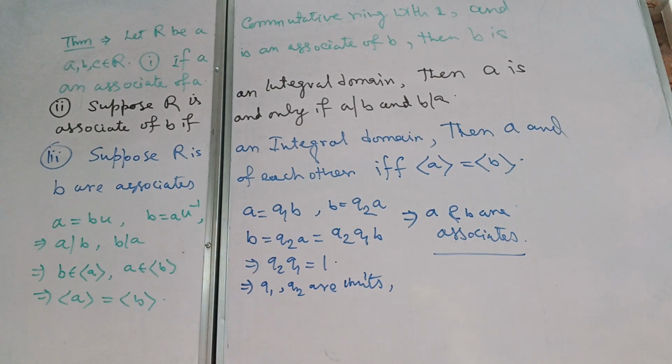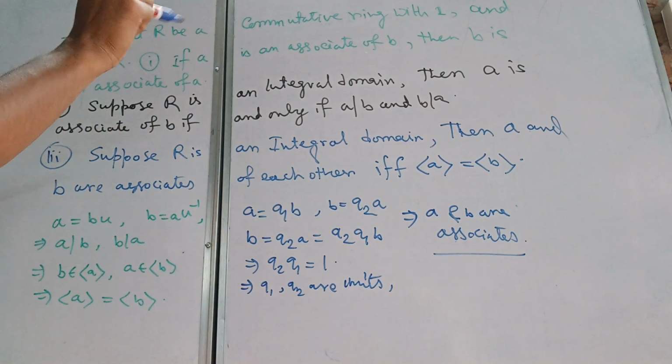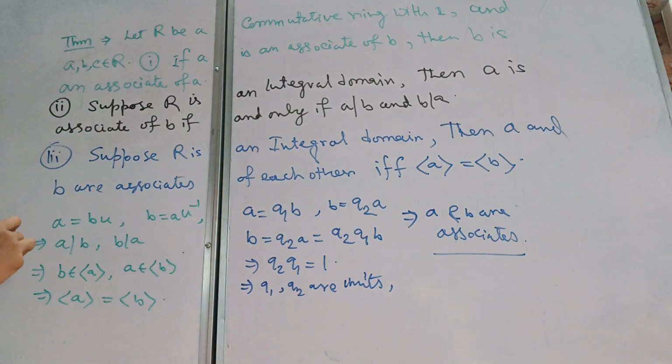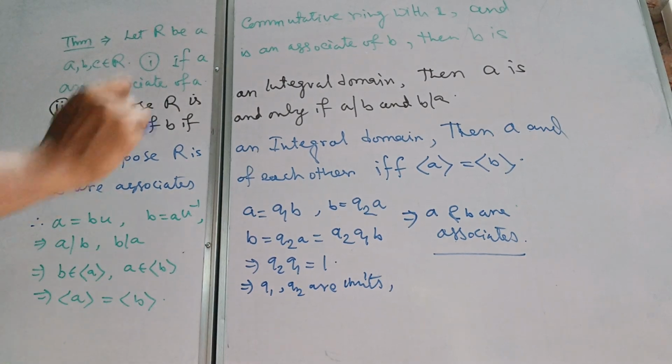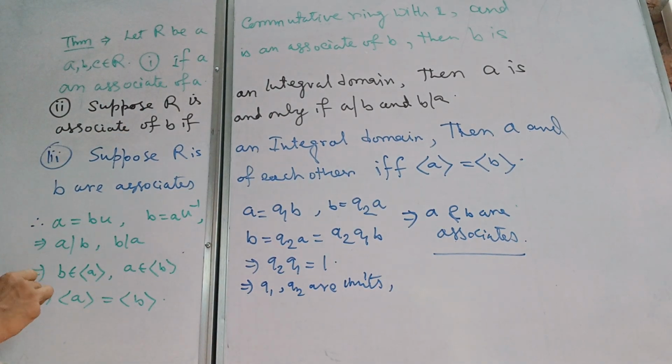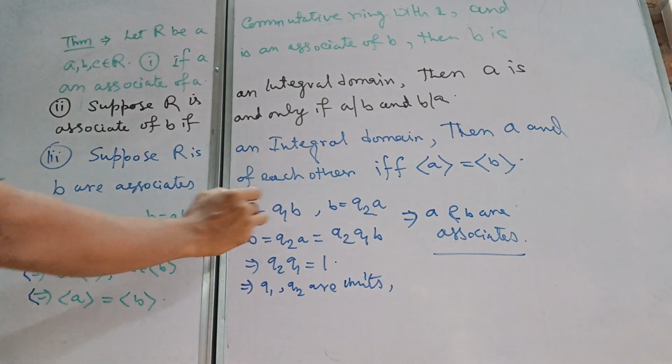First we see that this happened, then A, B are associates means this implies this, and then the reverse.